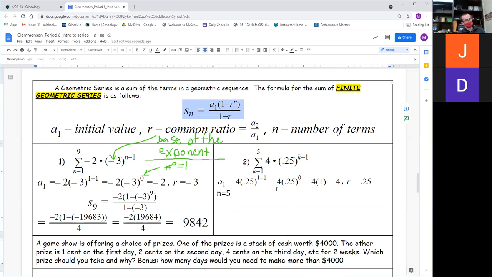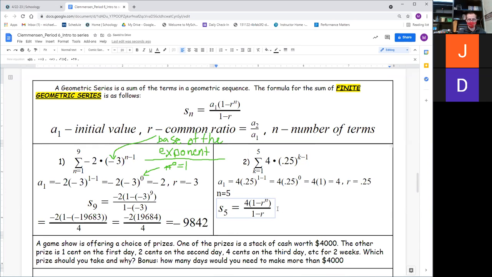I like to copy paste things because it's easier that way. I might actually even move this over so that I have some even more space. I'm just going to plug in all my values. My n in this case is 5. A1 we found to be 4.